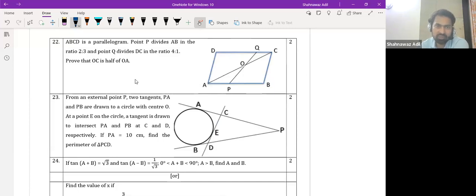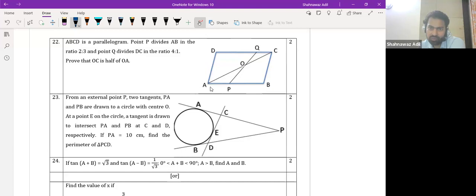So ABCD is a parallelogram. Point P divides AB in the ratio, and we have to prove that OC is half of OA. Okay, this we have to do. And what is given?